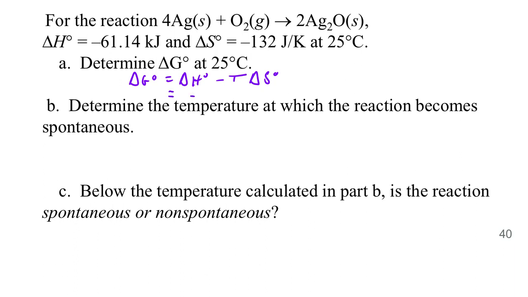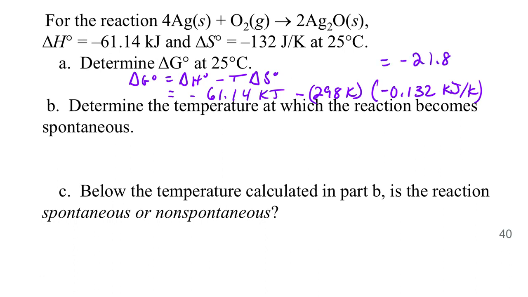We're going to have minus 61.14 kilojoules for our delta H. Temperature, we're at 25C, so that's 298 K. And delta S, we need to convert to kilojoules per Kelvin. So it's minus 132 joules per Kelvin, so that's minus 0.132 kilojoules per Kelvin. Solving that mathematically, we're going to end up with minus 21.8 kilojoules.